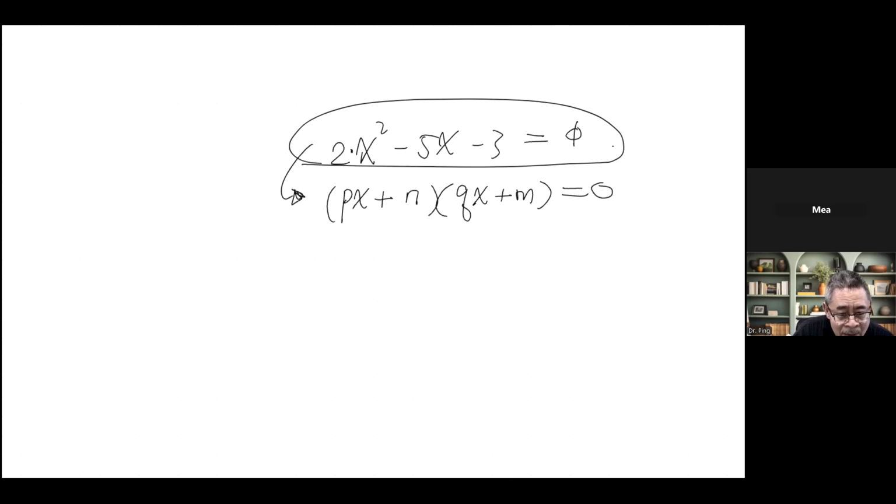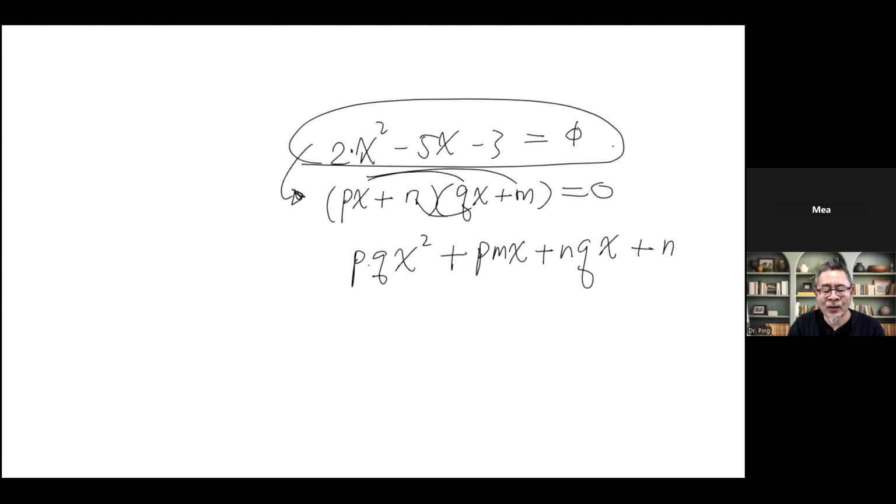So we're going to expand this. p times q x squared as the first one, plus px times m, so p times m times x, plus n times q and x, plus n times m. So that's what we found.